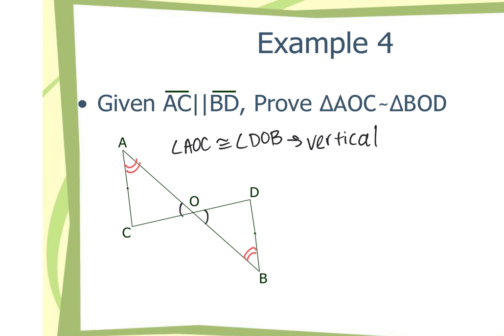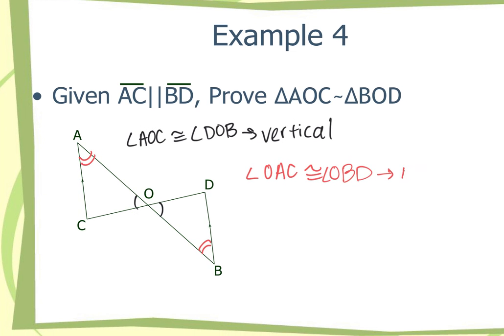Very good. Why are those two congruent? Alternate interior. Love it. So angle OAC is congruent to angle OBD because they are alternate interior. Xavier, what's up? Also, angle BDO and ACO are congruent. By what?